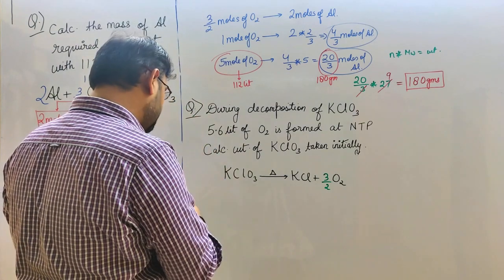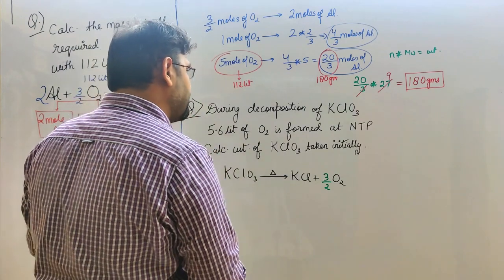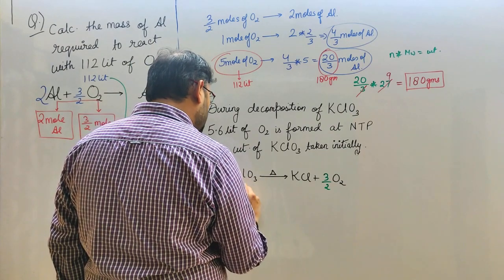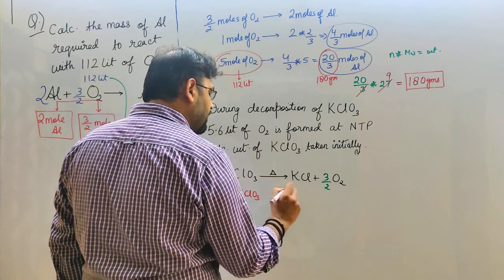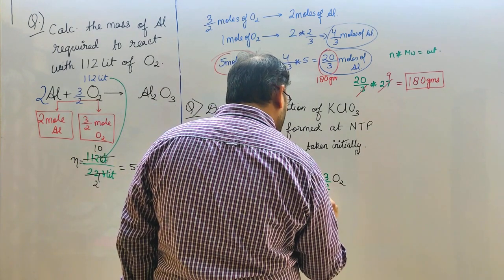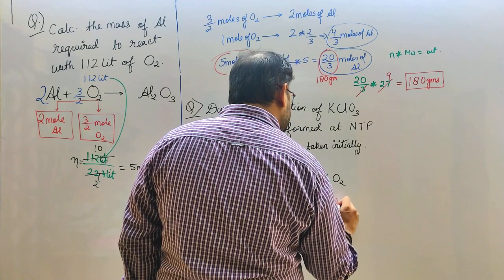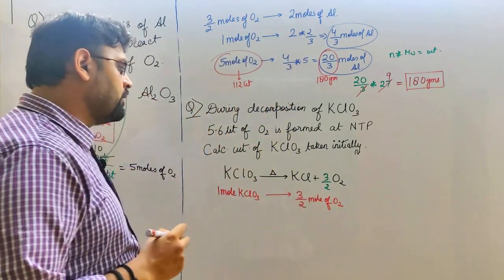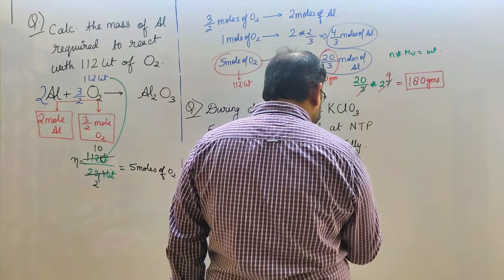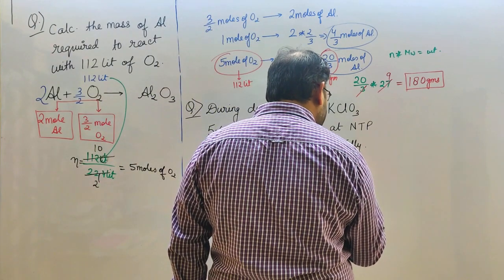So, according to stoichiometry, first we'll write: 1 mole KClO3 gives 3 by 2 mole of oxygen. And what is already provided in the question is 5.6 liters of oxygen.